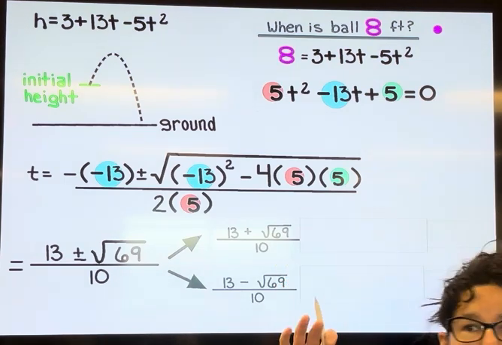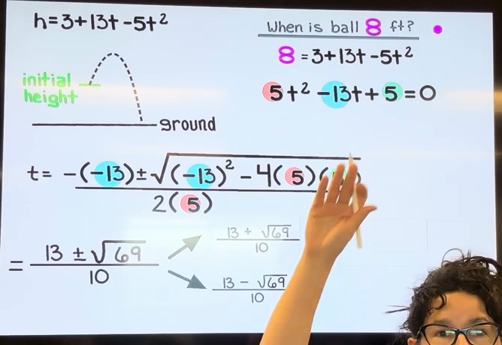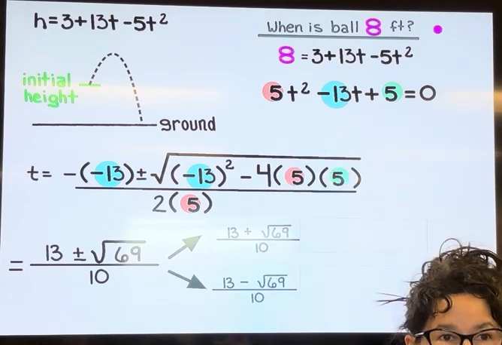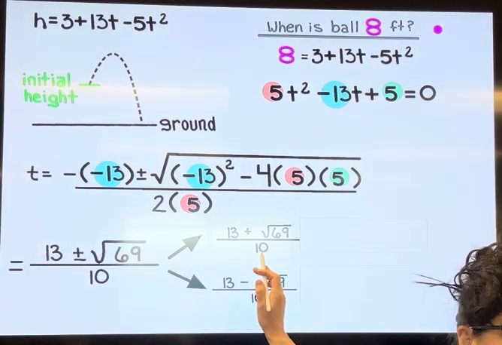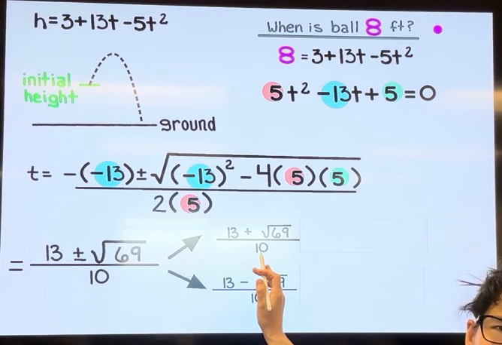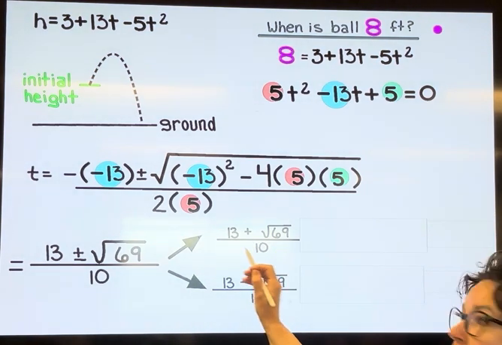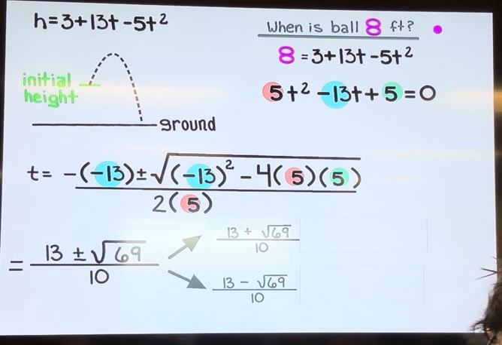if there's a lot going on in either the numerator or the denominator, you want to put an extra set of parentheses around the numerator or the denominator. The only thing in the denominator here is 10, so I don't need an extra set of parentheses around the 10, but I am going to put an extra set of parentheses around the numerator so I can type it straight into my calculator.